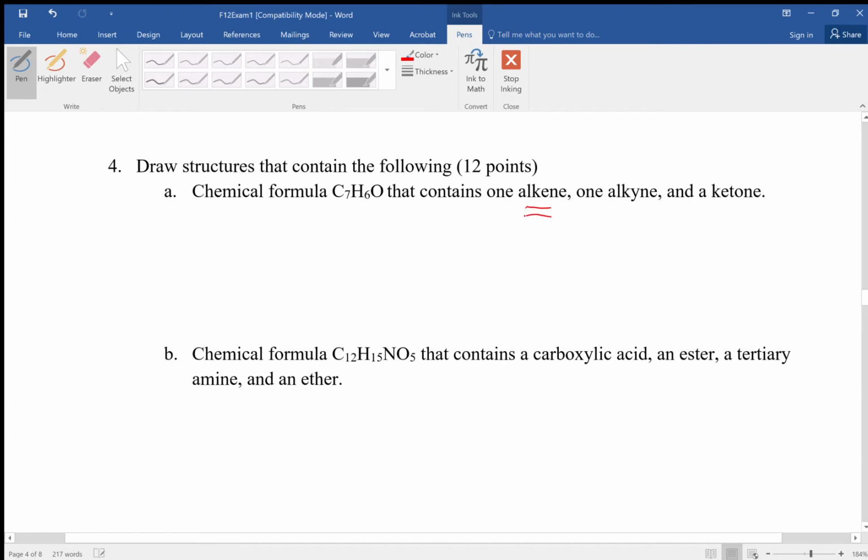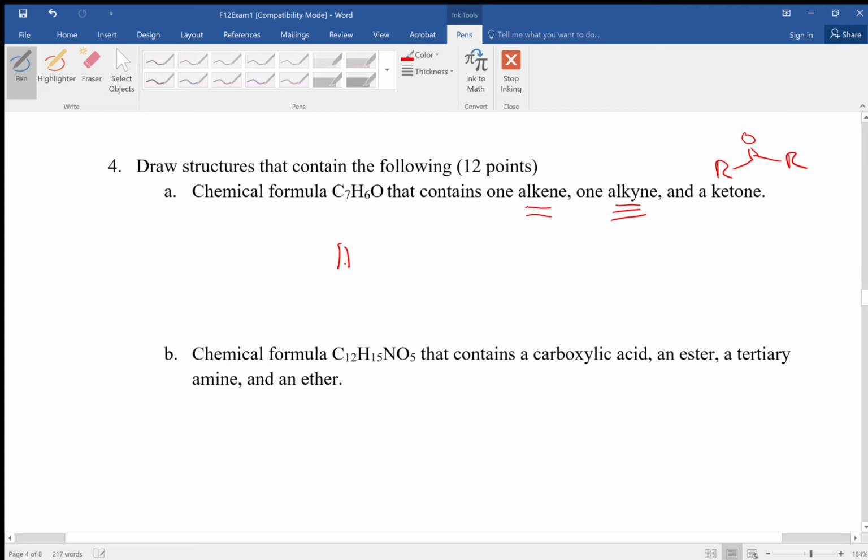So first thing on these questions, you've got to know your functional groups. So we have an alkene, which we know is a carbon-carbon double bond. We have a carbon-carbon triple bond, or an alkyne, and a ketone, which is a carbonyl bonded to two carbons.